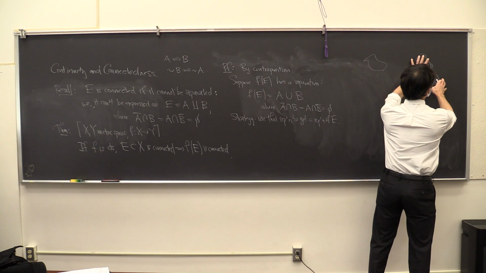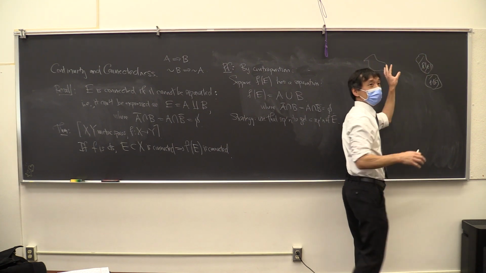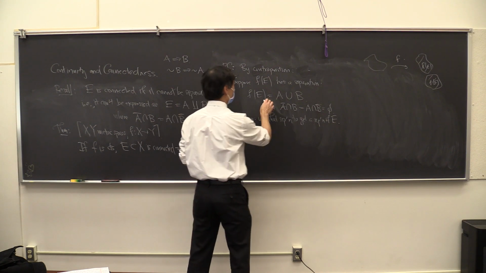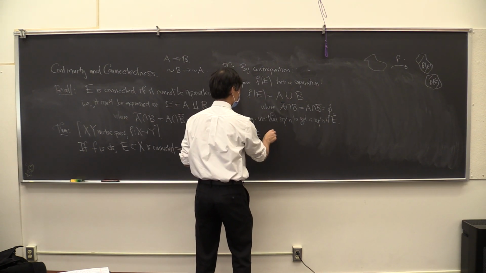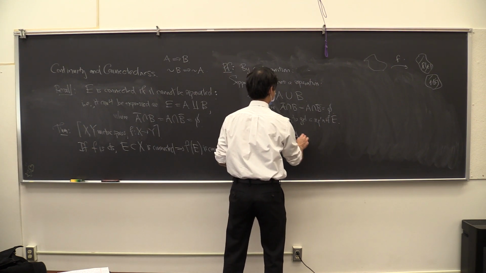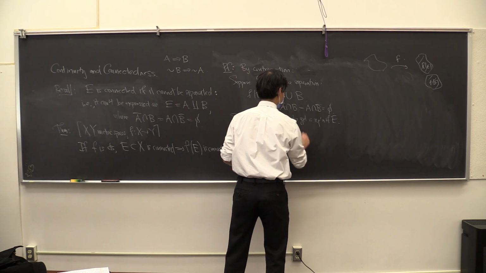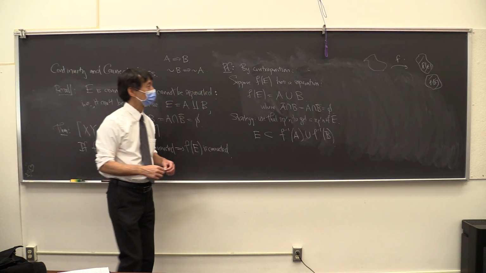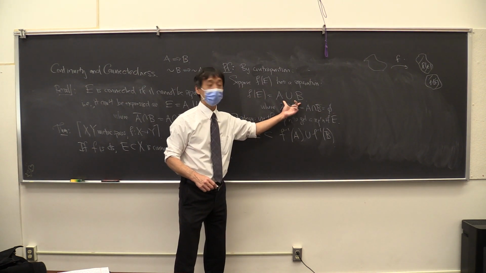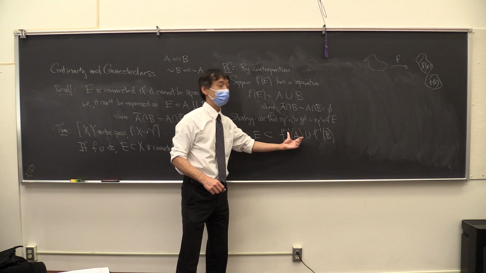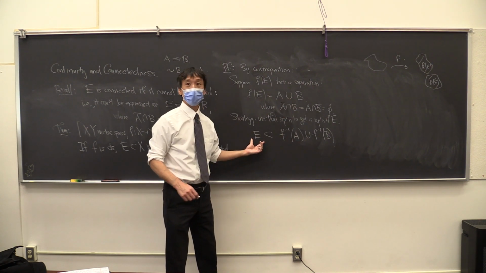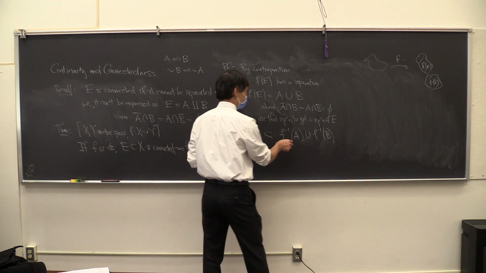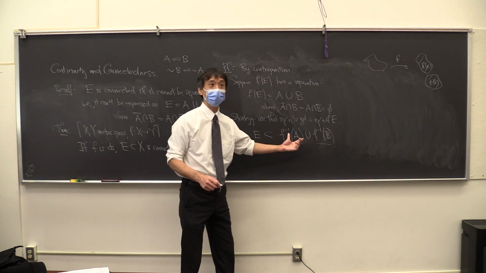So if it can be separated, we'll pull this thing backwards and use it to get a separation of E. So notice that E is contained in f inverse of A union f inverse of B. Right? f of E is A union B. So if we take the union of those pre-images, then we're going to cover all of E. So what we're going to do, we're going to use these guys. These guys will basically give us our separation.